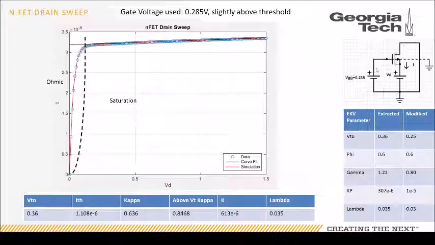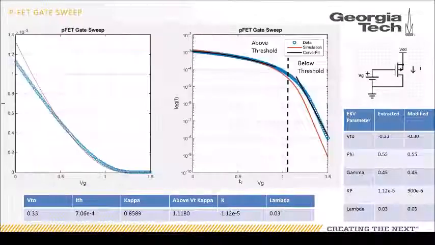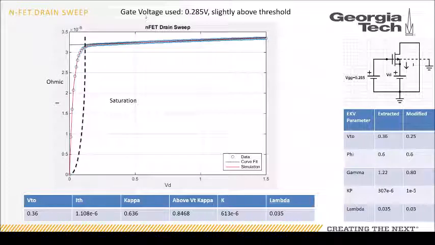Again, we use the schematic here to do the drain sweep, and the experimental data and the simulated data fit quite well, and the slope is also fitting quite well. For the gate voltage, we chose 285 millivolts, which is slightly above threshold, as you can see on the plot.